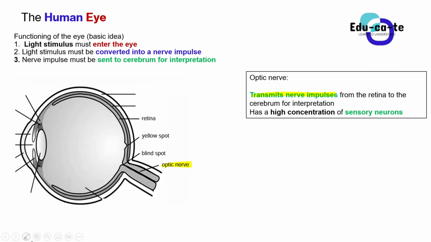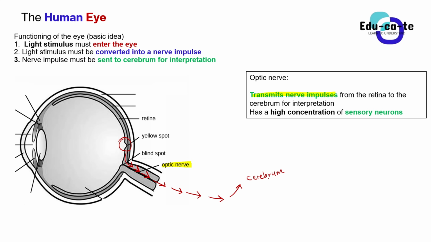Remember I've said that the impulses are generated here at the yellow spot, right? Because the rods and cones there are converting the stimulus into nerve impulses. Those nerve impulses will be transmitted by the optic nerve. This optic nerve will transport the nerve impulses all the way to the cerebrum.